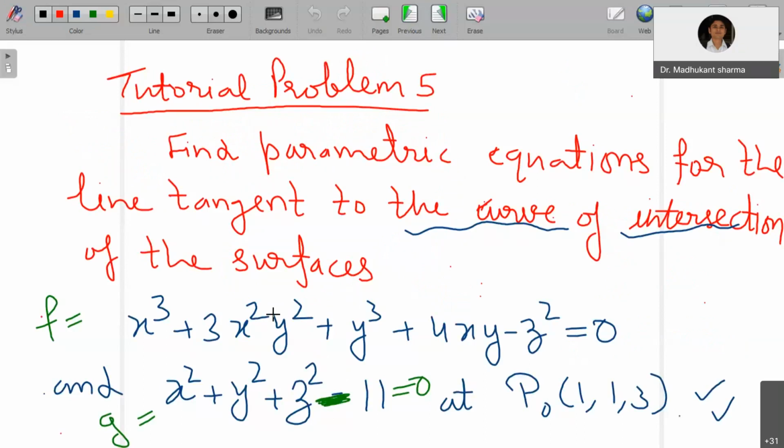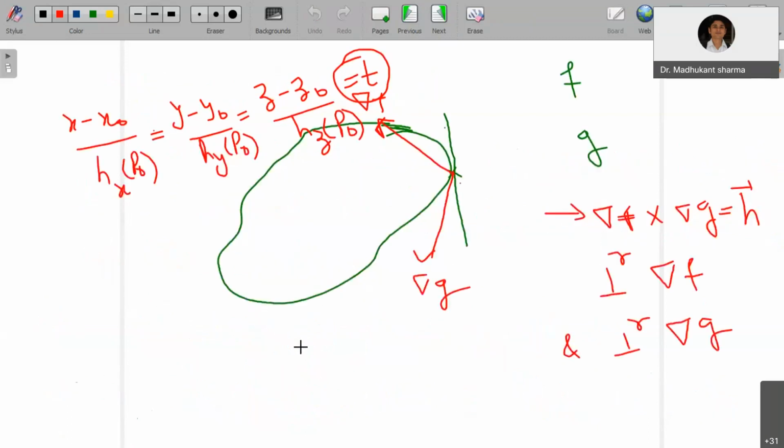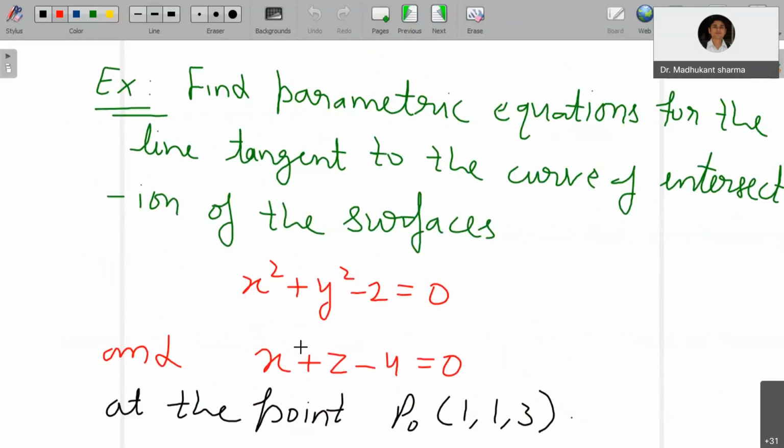I will also look into it. But that point is very clear: when you are replacing z square equals to something, grad f only gives you the component in the direction of i and j, not in the direction of k.